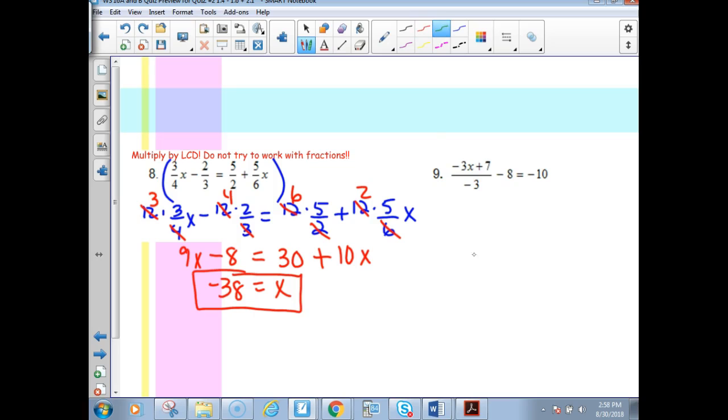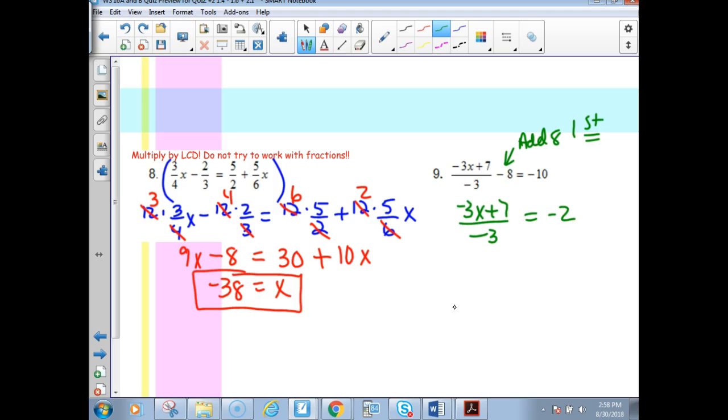Okay, if this was a big absolute value, you would want to isolate the absolute value first. This is a fraction. You need to isolate that fraction first. So the first step is to add 8. This would be -3 times x plus 7 over -3 equals -2.